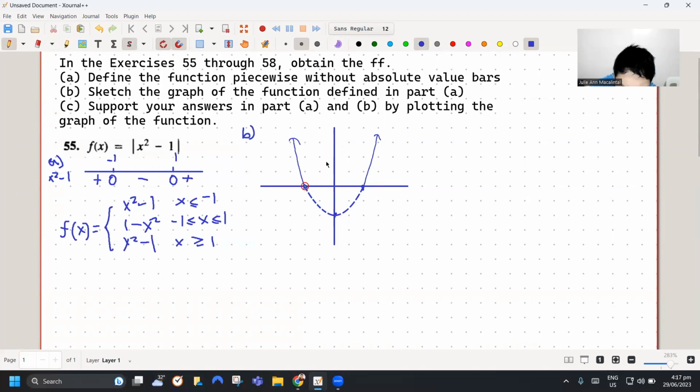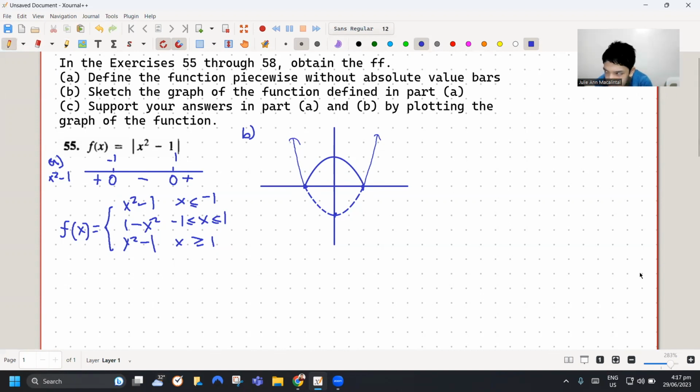Okay, and then okay. So yung solid line yan, yung function na absolute value of x squared minus 1.